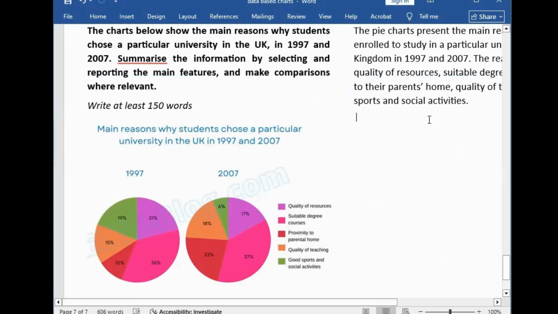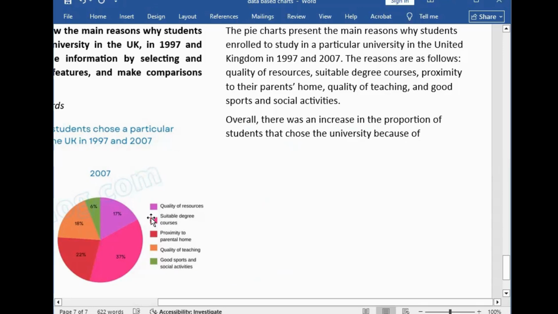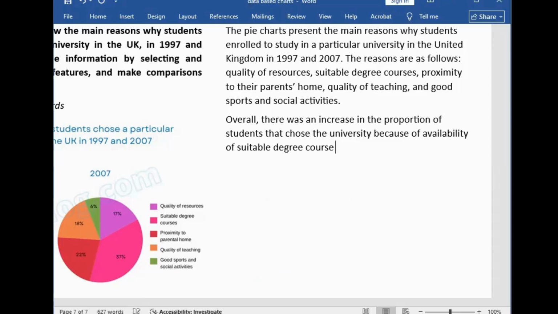So what do we say? We're going to say that overall, there was an increase in the proportion of students that chose the university because of availability of suitable degree courses, proximity to parental home, and quality of teaching.